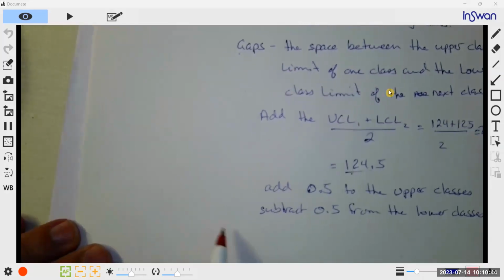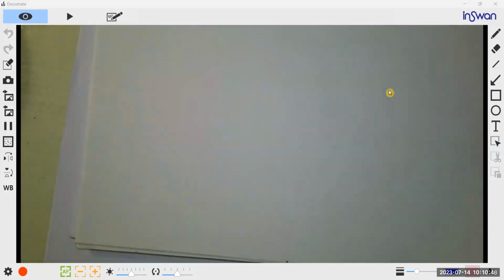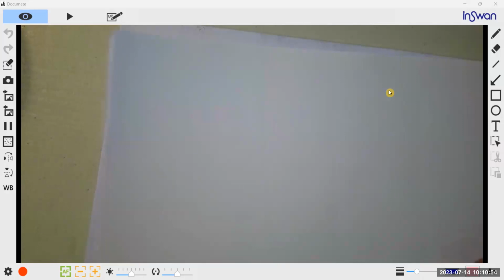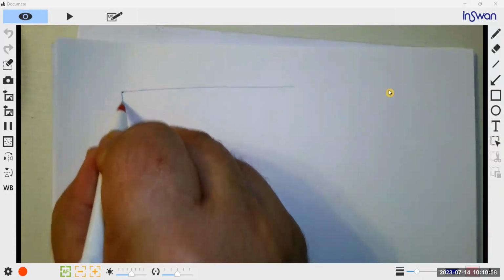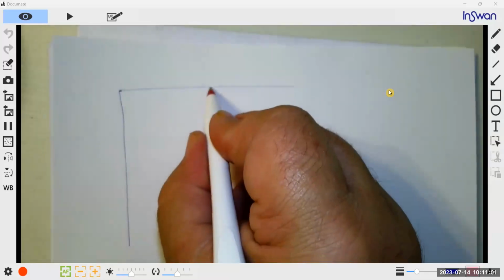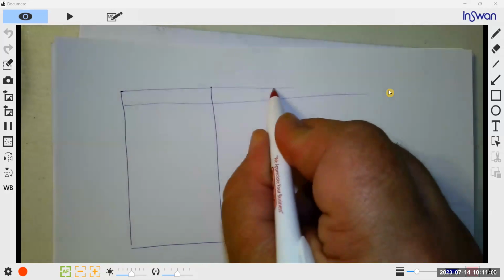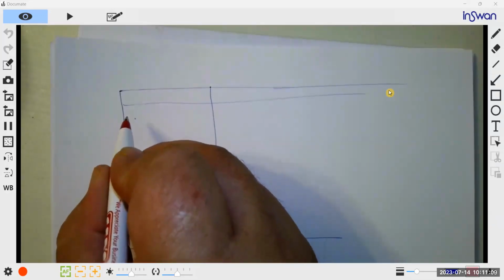Right? So that means in our new table, it used to go from, where's my table?